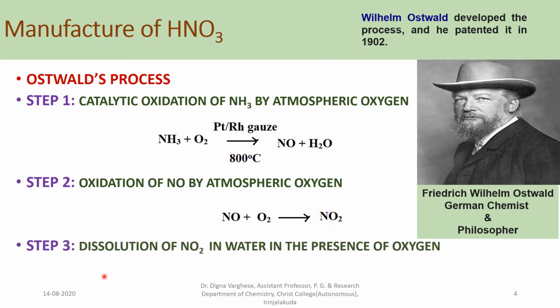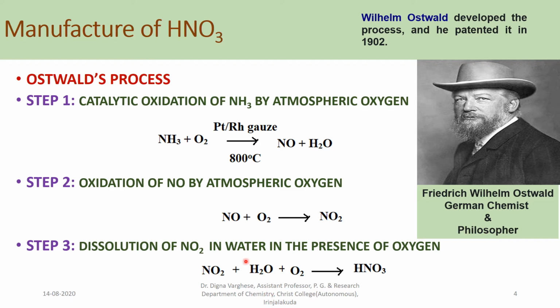Step 3. The dissolution of nitrogen dioxide in water in the presence of oxygen. That is, the gas mixture from the oxidation chamber, that is nitrogen dioxide, is mixed with air which contains oxygen and then passed up a tower, known as the absorption tower, containing packing of earthen balls through which a spray of water descends.